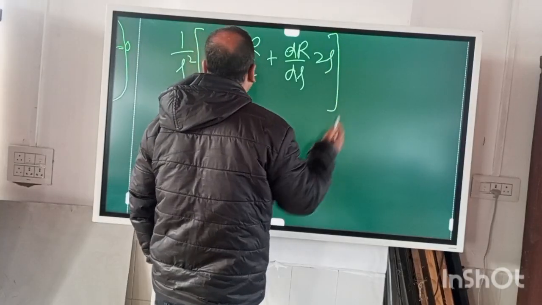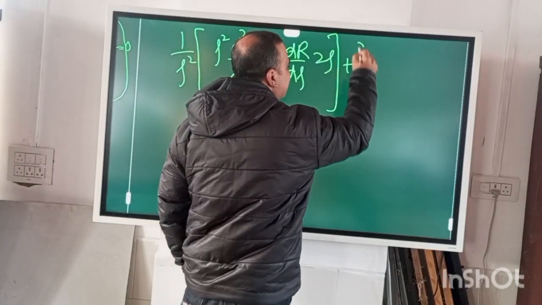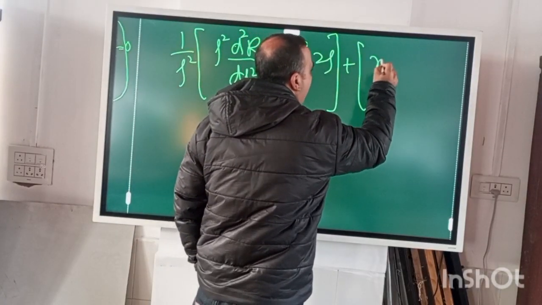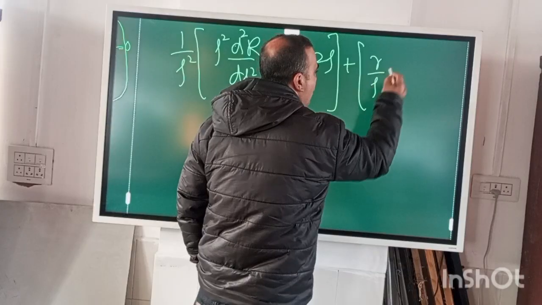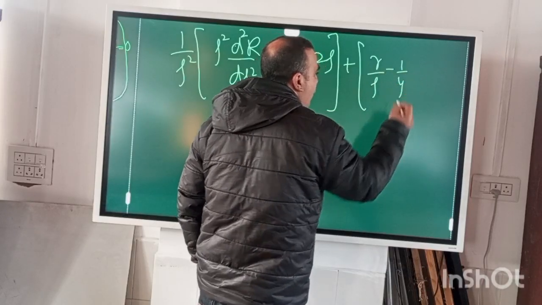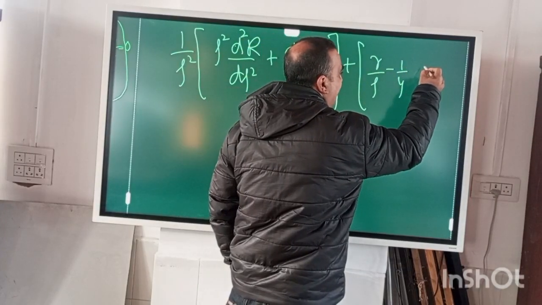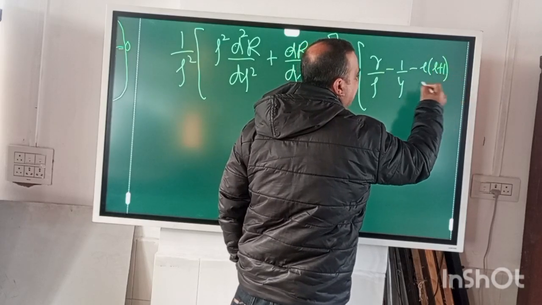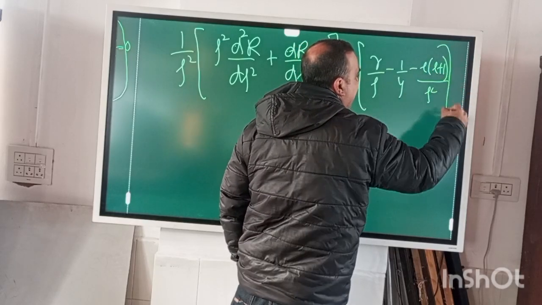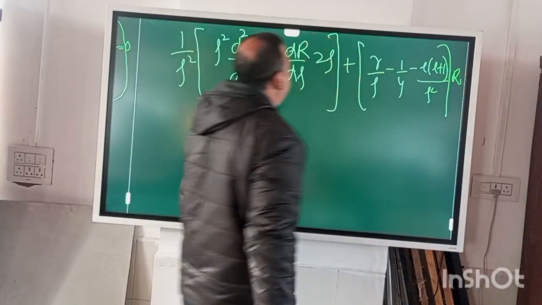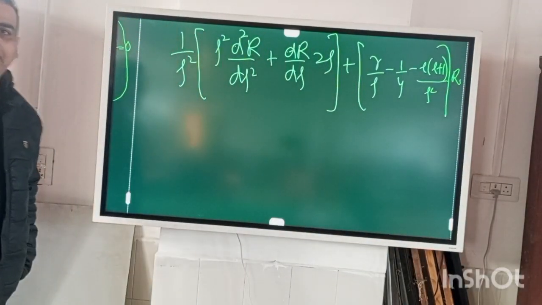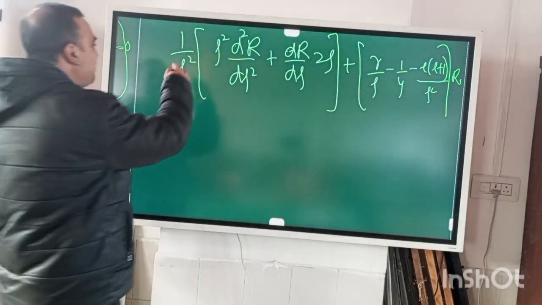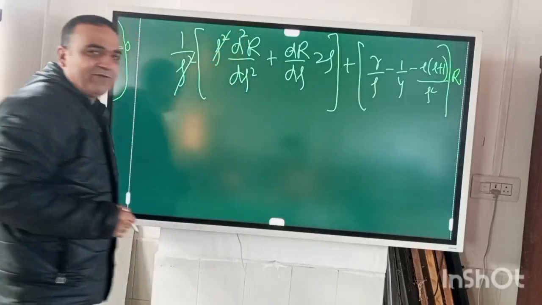I will close it, and then I have the same terms, plus gamma by rho, then minus 1 by 4, then minus L times L plus 1 divided by rho square. This is all multiplied by r. Fine? Okay, so you can see immediately this rho square and rho square will go.